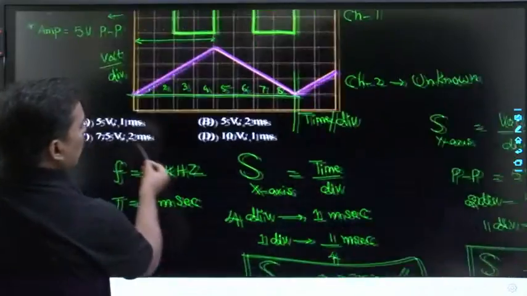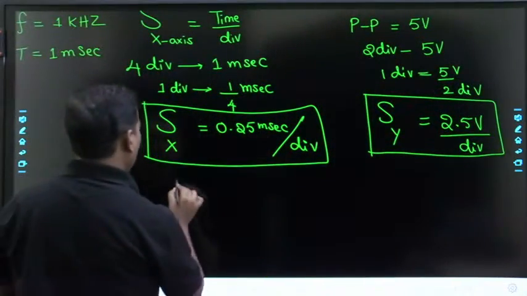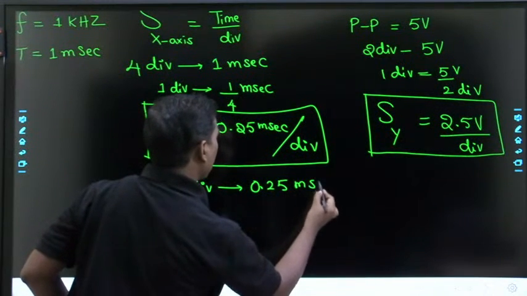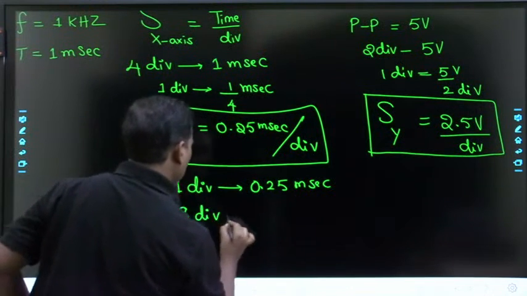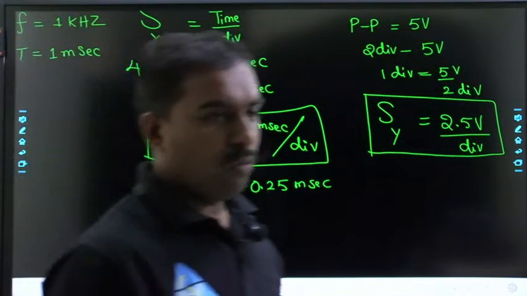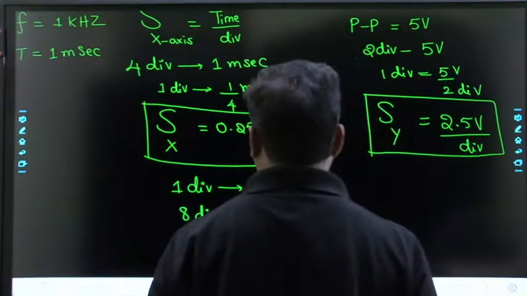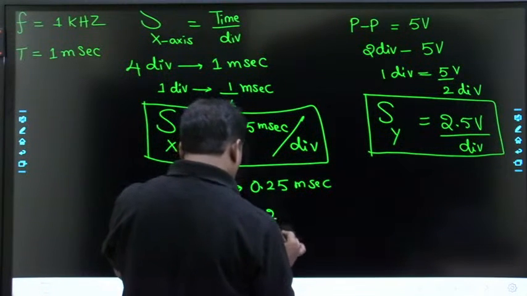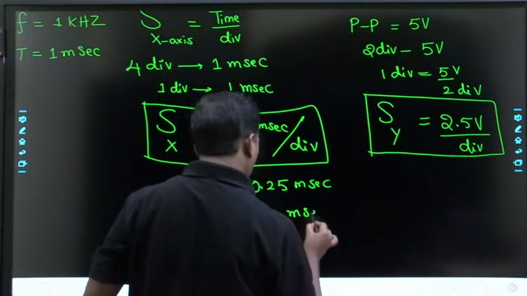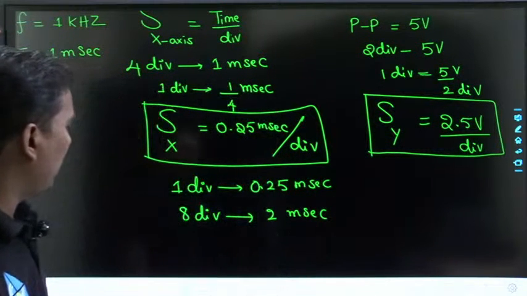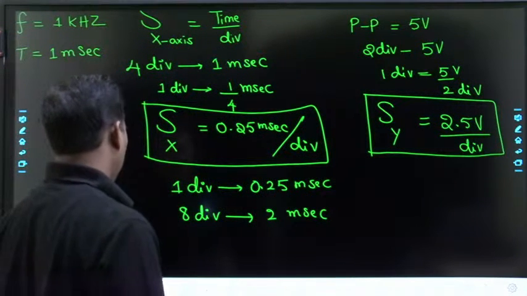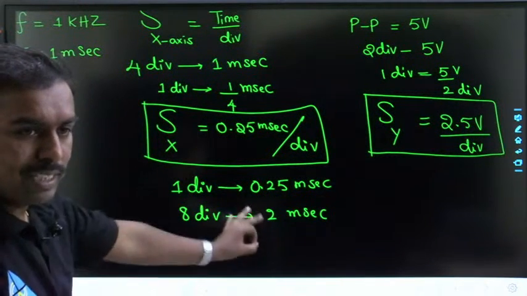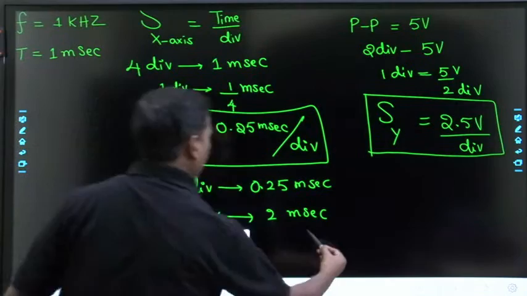So along the x-axis, one division is 0.25 milliseconds. 8 divisions will take how much? 2 milliseconds, yes or not? 0.25 into 8, that is 2 milliseconds. Correct.